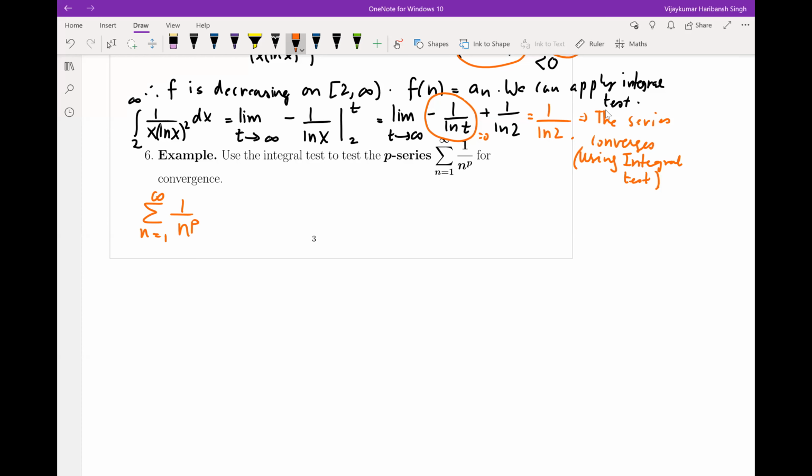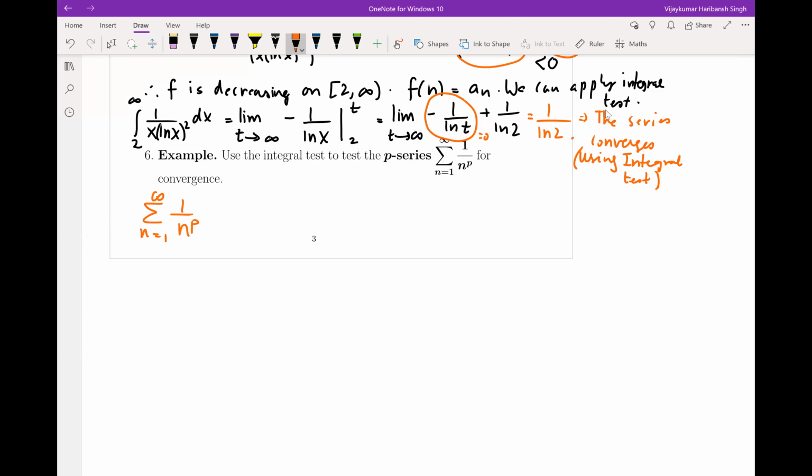And if p is 2, it converges. So we have already seen if p equals 1, it diverges, and if p equals 2, it converges.